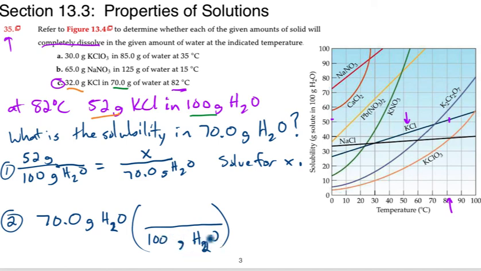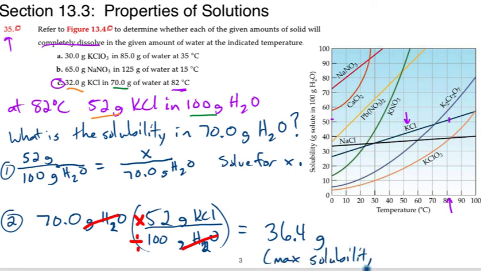I'm going to put the 100 grams of water on the bottom, because I want the grams of water to cancel out. And then on top, I'm going to have grams of my salt. Notice what happens here mathematically: multiply, divide by, that cancels out. If I do this math, I get 36.4 grams. And that represents the maximum solubility at 82 degrees Celsius, approximately.